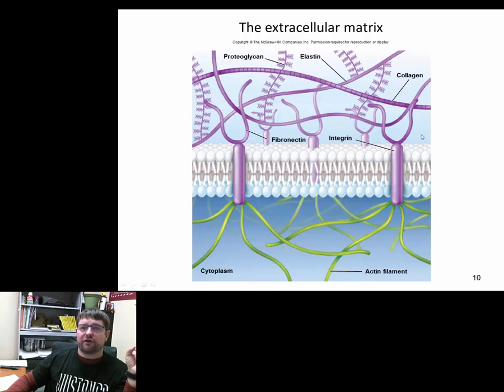Okay? And I said that some of them have this sugar coating on the outside that allows for things to determine if it's self-made. Okay? Even more than that, though, there are a lot of things that can be on the outside of the cell membrane that are attached to proteins.